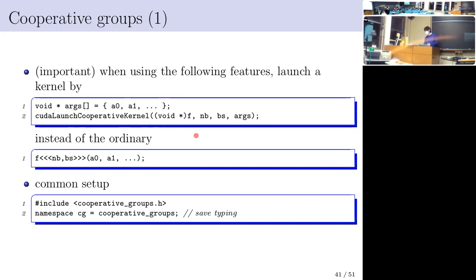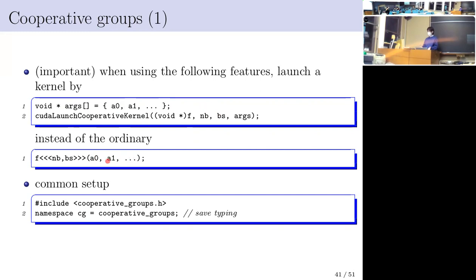But conceptually, you are doing exactly the same thing. So you are passing a function f, specifying the number of thread blocks and the size of each thread block, and you are passing the same arguments, but using an array of arguments instead of just listing all the elements.